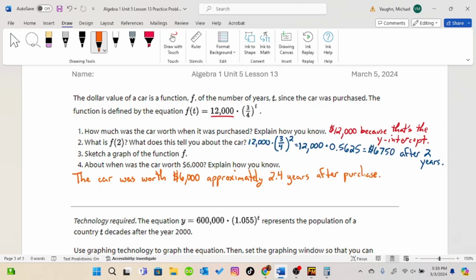And we can see that that makes sense because in number 2, we said that after 2 years, the value was 6,750. So in the next 0.4 years, we lost another $750 of value.